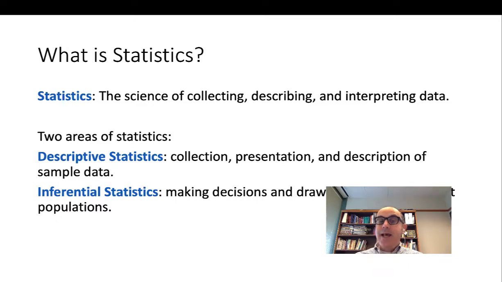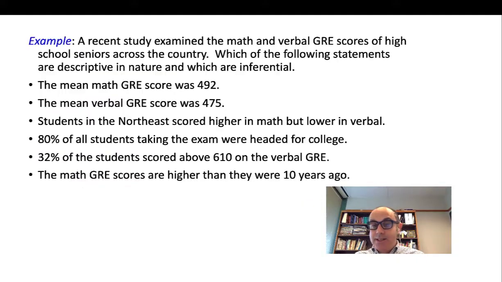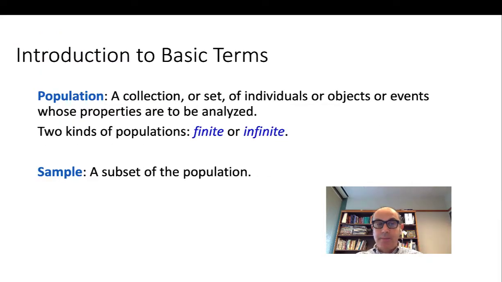Inferential statistics is about helping to make better decisions based on the population and the sample. So I provide an example of a study with the GRE scores and the mean and the variable score, and again the idea of what it really means and how inferential statistics can help us.